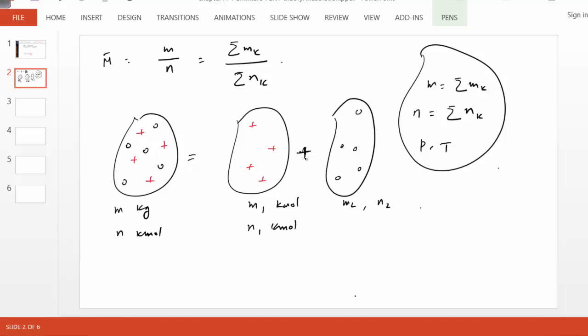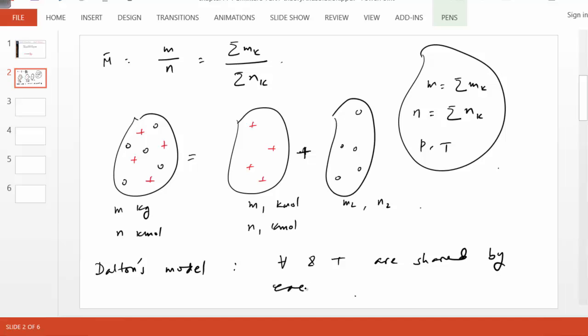So the first model for a gas mixture comes from Dalton, and here's Dalton's model. It says that all the molecules share the same pressure, same volume, and temperature by each component.